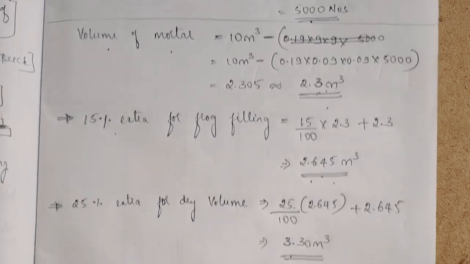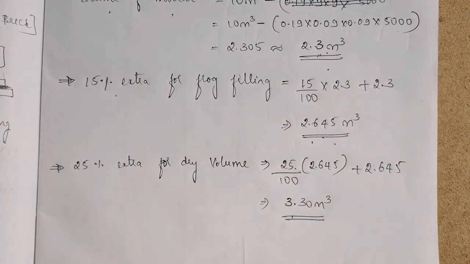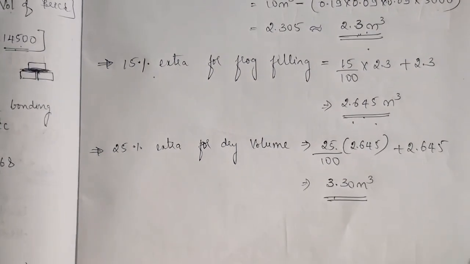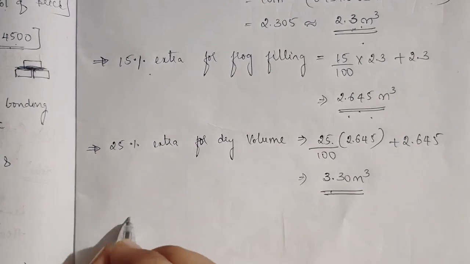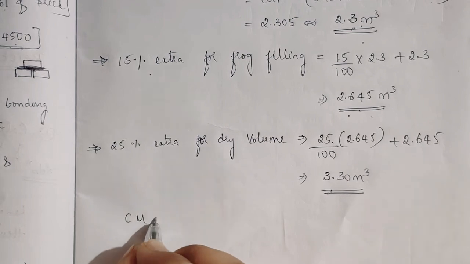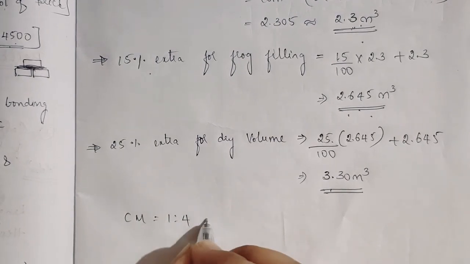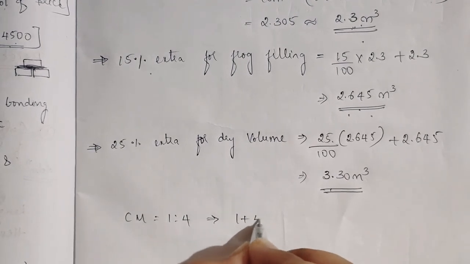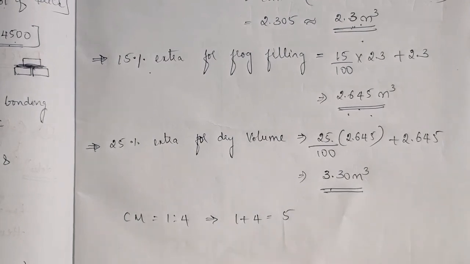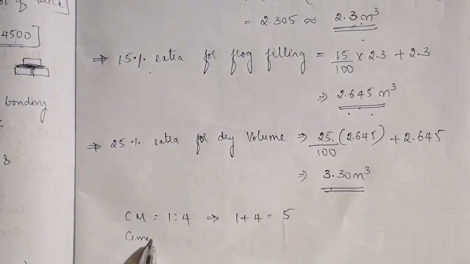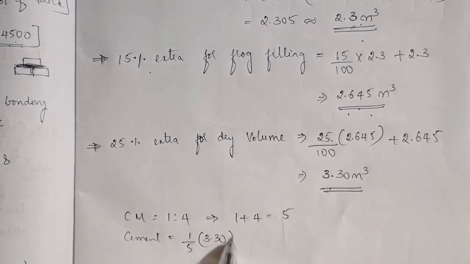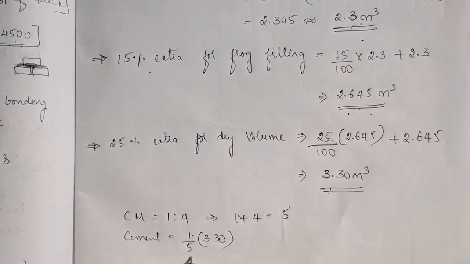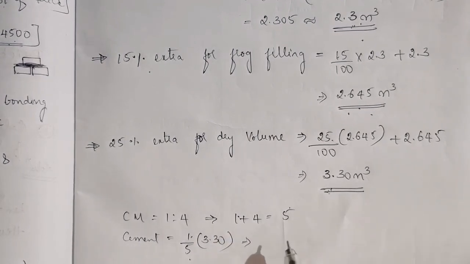Okay, now we'll go to the tabular column. Before going to the tabular column, what is the ratio they have given? It is given that CM ratio is 1:4. So it will be 1 plus 4, it will be 5. The cement value will be 1 by 5 of 3.30. So 1 is cement, 5 is its total, 3.30.